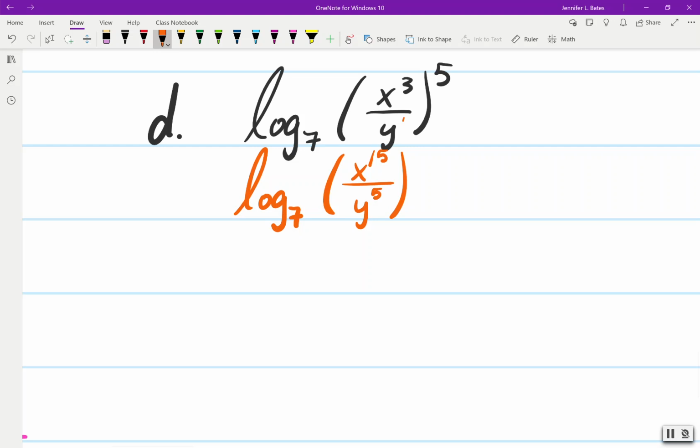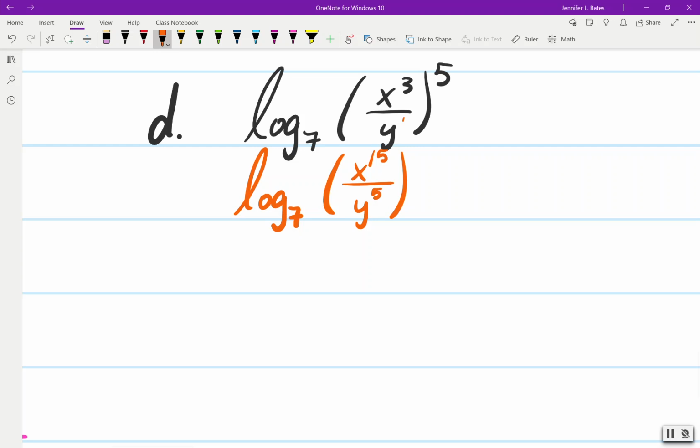Now, when I want to expand this, I'm looking at the log properties and asking which log property has two pieces in the argument that are being divided. Look over at the whiteboard and look at the log properties. Show me on your hand. Okay, so I'm looking at log property 2.